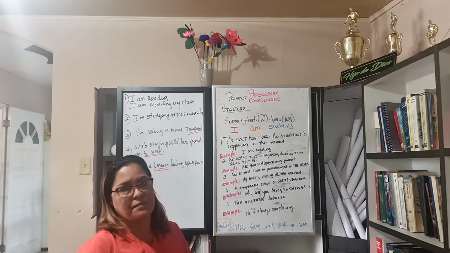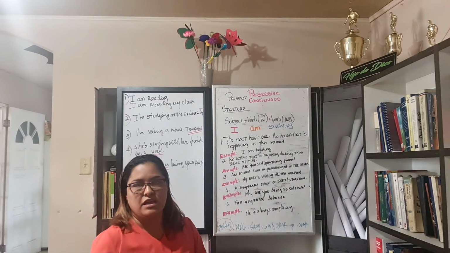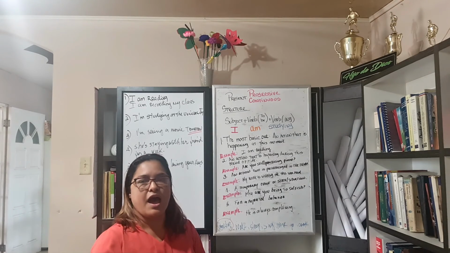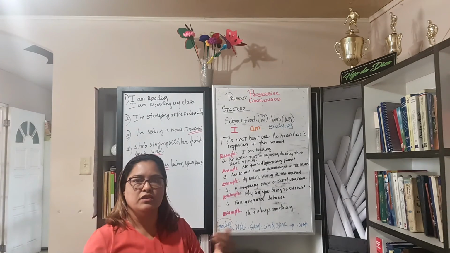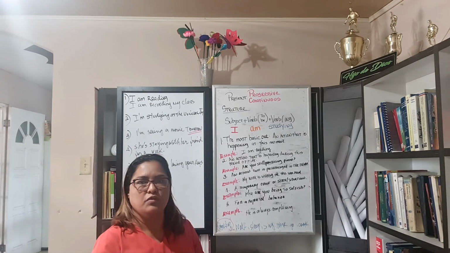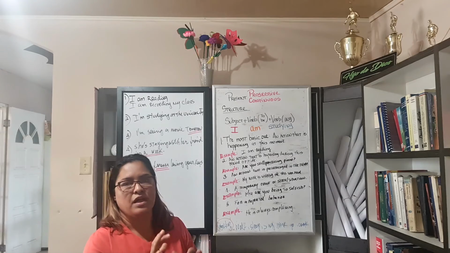For example, he is always complaining. He is always complaining, all the time, regularly, this repeated behavior. And she's constantly helping people. Another is she's always doing this, always repeated, always doing.